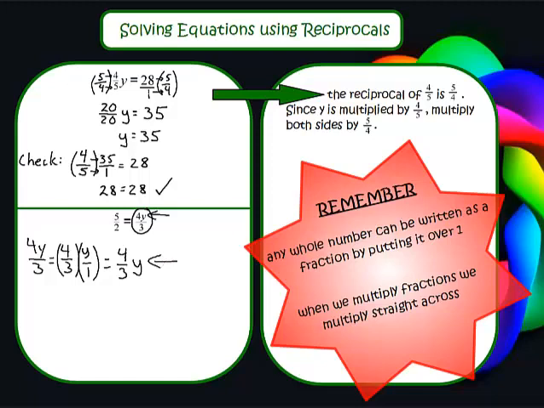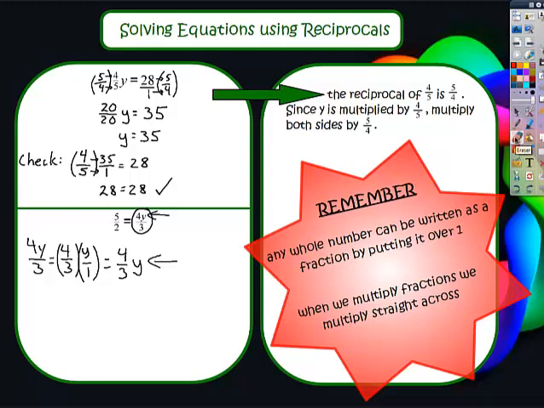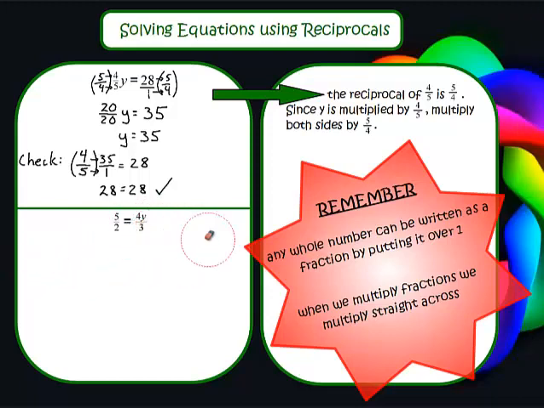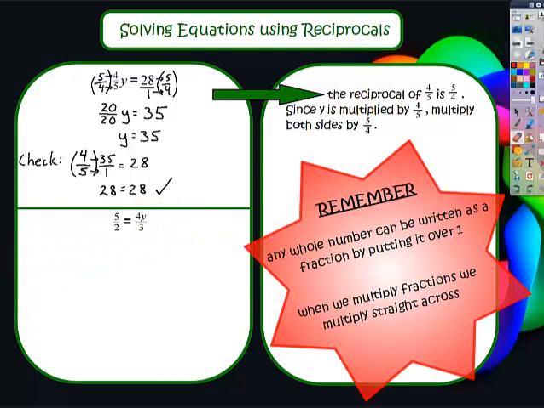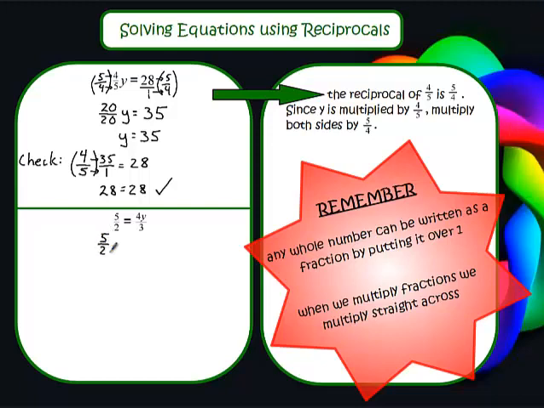So let's move on to working on this problem. The first thing I want to do is actually rewrite it in that fashion that we just had. So I'm going to say 5 over 2 equals 4 over 3 times y.